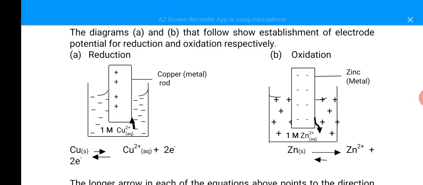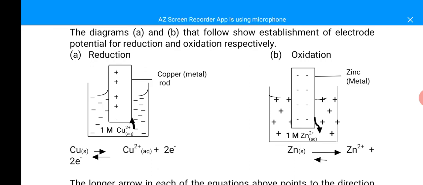That means we can see that the copper rod is positive. Why is it like that? It tells us that the electrode would release its electrons to its ions, and it will prefer that the ions are deposited. So that is why this one has a standard reduction potential, and it will undergo reduction.